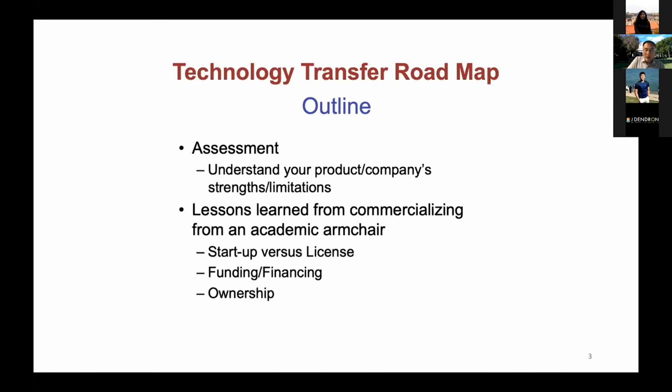And also based on funding, financing, and ownership, all those factors.